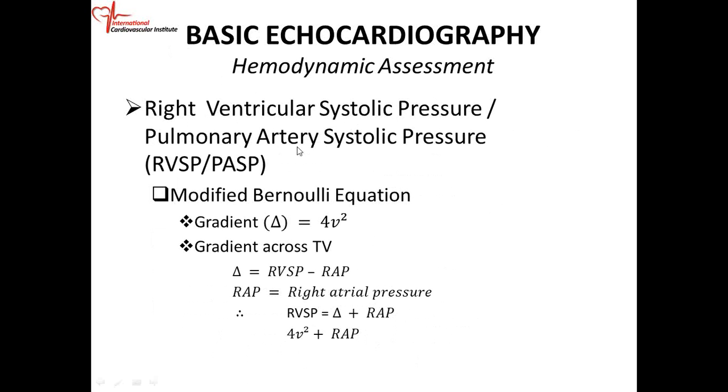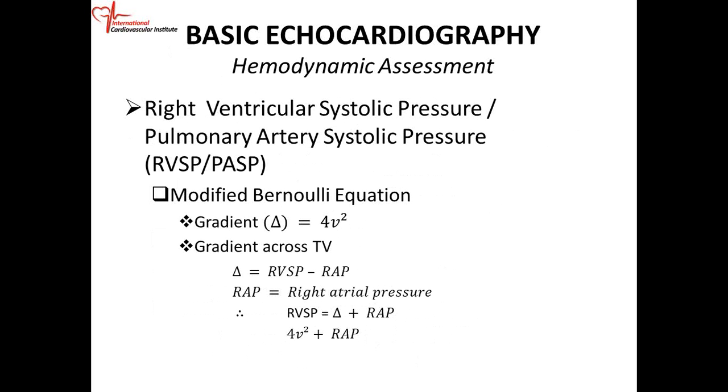So we use this formula to calculate the gradient across structures, valves, shunts, obstruction, you name it. One of the practical applications of this modified Bernoulli equation: the modified Bernoulli equation states that gradient is equal to 4V squared, where V is the velocity.